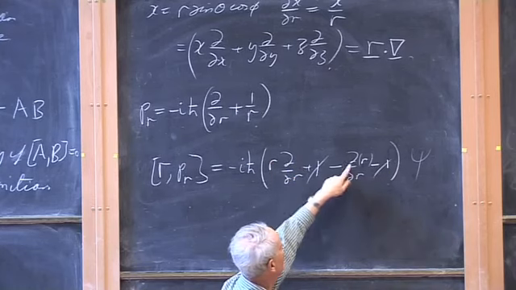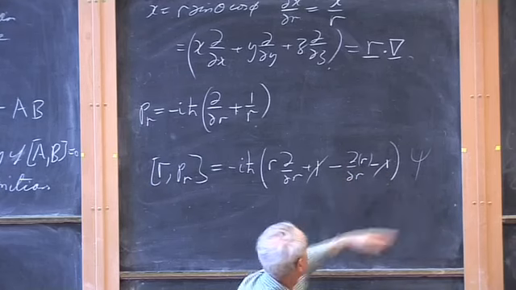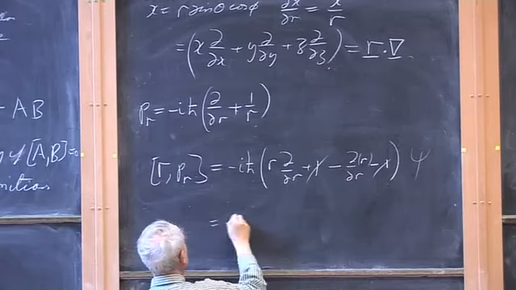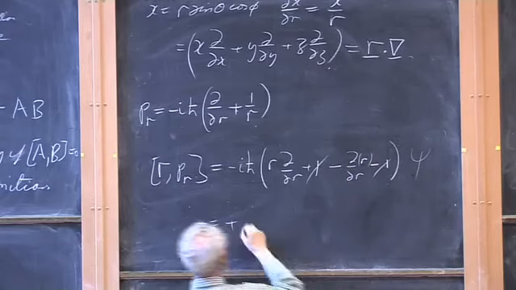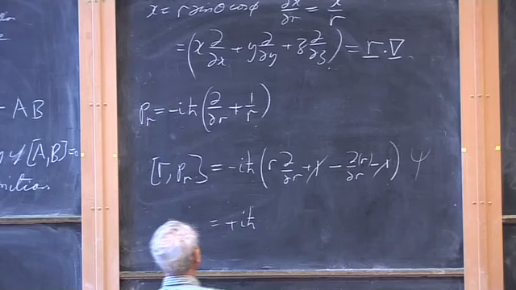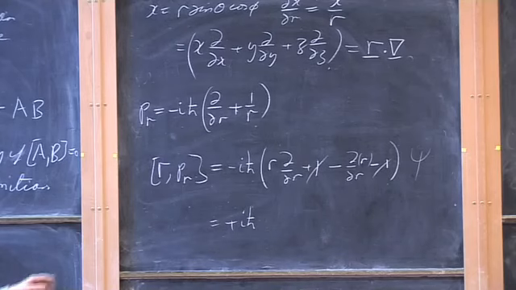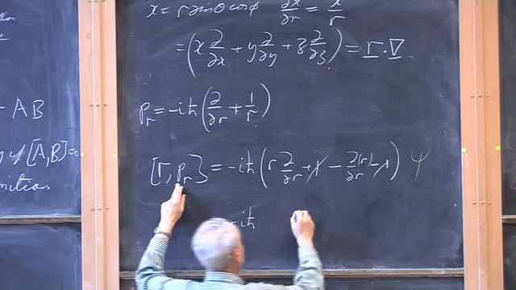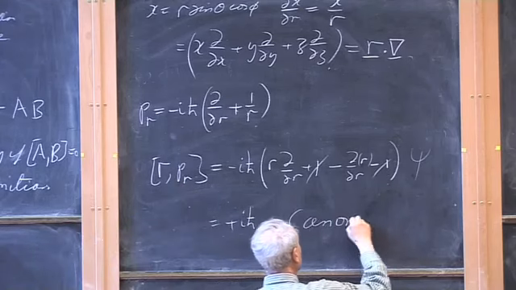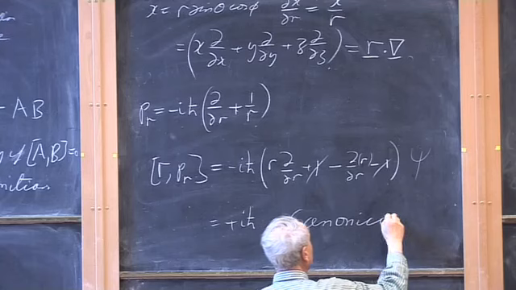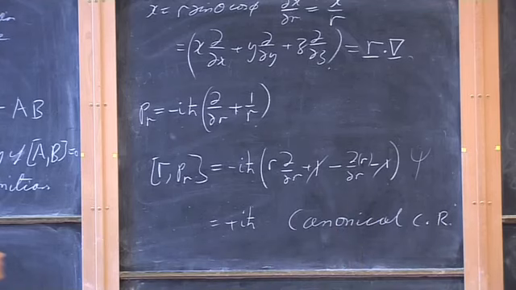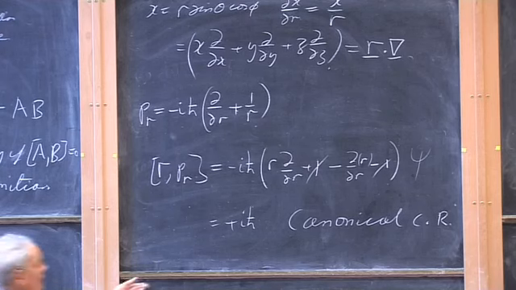So what we're left with is the d by dr times psi, the d by dr, which makes 1. So this is equal to plus, because there's a minus sign coming here, i h bar. So these two operators satisfy the canonical commutation relations. So PR really is the momentum associated with r.